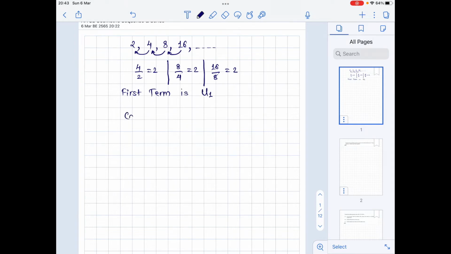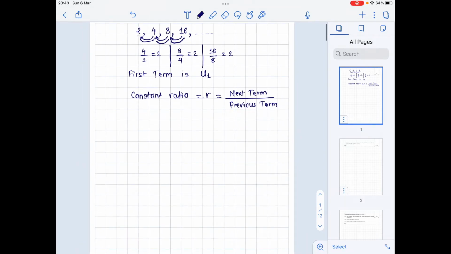Here a constant ratio will come, which is generally denoted by r, which is the next term divided by the previous term. That is why I'm dividing 4 divided by 2, 8 divided by 4, 16 divided by 8. I'm not doing 2 over 4, 4 over 8.